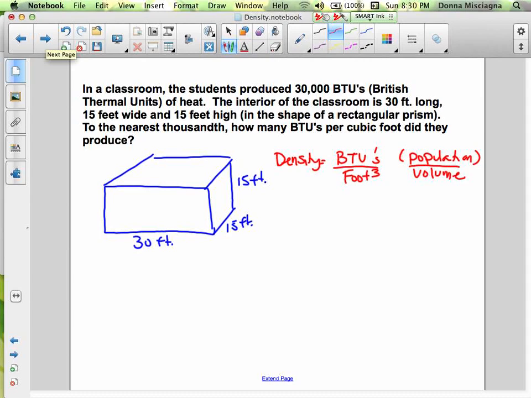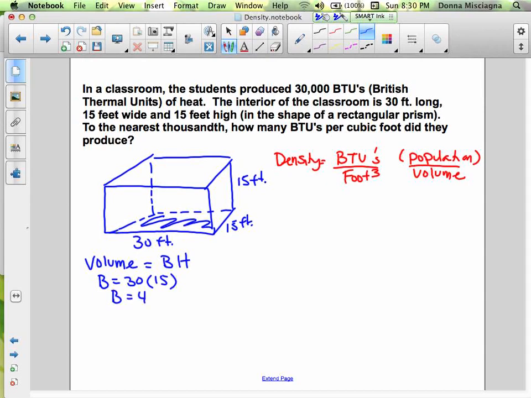All right, so first of all, let's find the volume, because that's easy enough to do. We have the room right here. The volume of the room is the area of the base times the height of the room. And of course, the area of the base is the floor space down here. So the area of the base is 30 times 15, which is 450 feet squared.